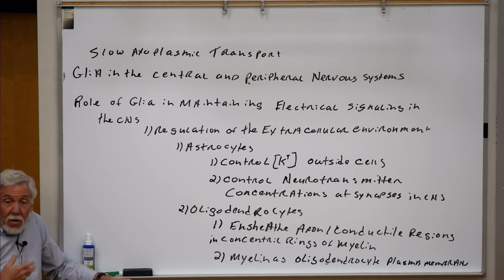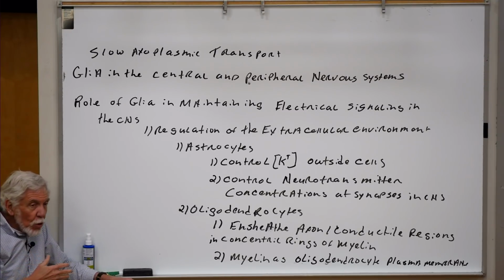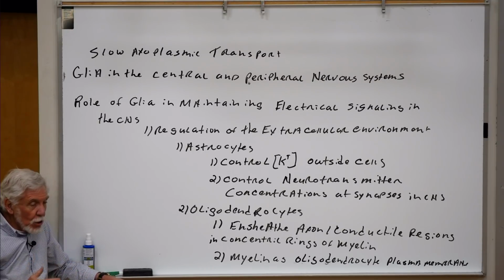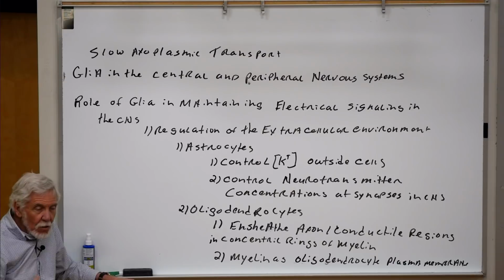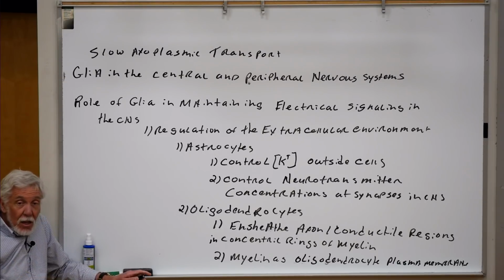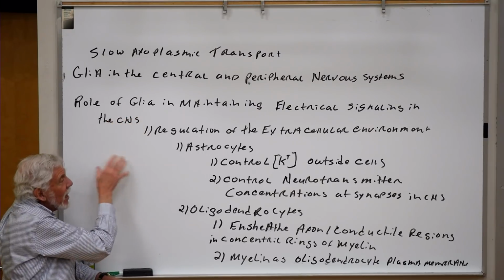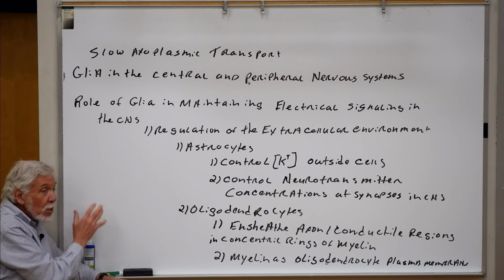They do have ion channels, and they do some signaling, and people have observed calcium waves moving through these glia, and many of them appear to be connected by gap junctions. So there may be a whole separate signaling system among these glia that we're just now beginning to understand. But for our purposes here, and for the way we normally think about glia, we imagine them as playing mostly a regulatory role.